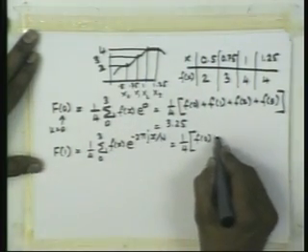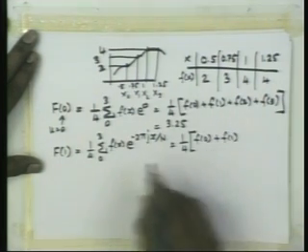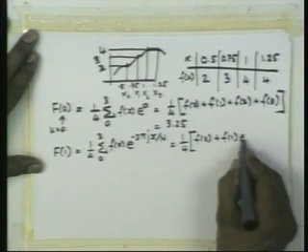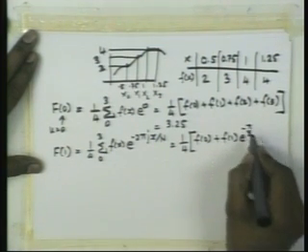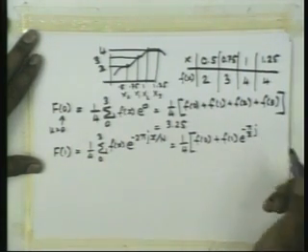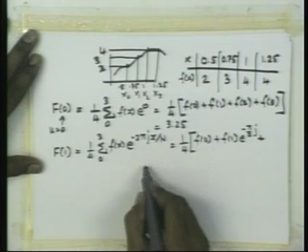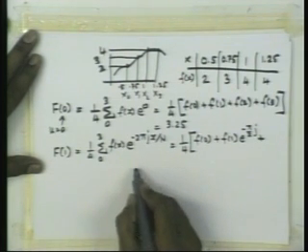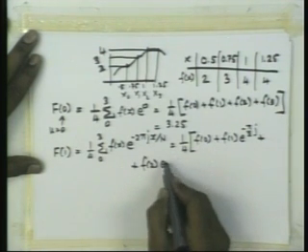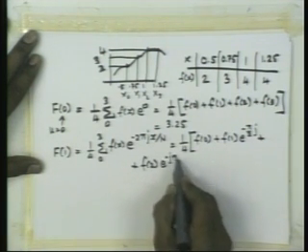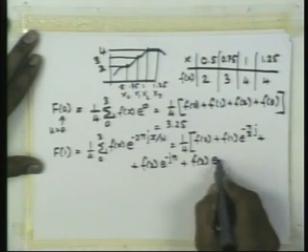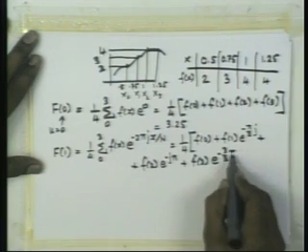Then we have f of 1 times something which is not 0, and that is e to the power minus pi by 2 times j. Likewise, the next term is f2 times e to the power minus j pi plus f3 times e to the power minus 3 by 2 pi j.